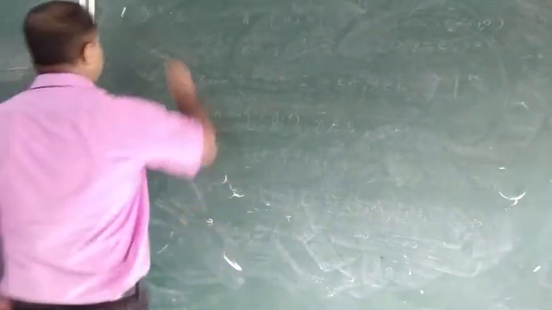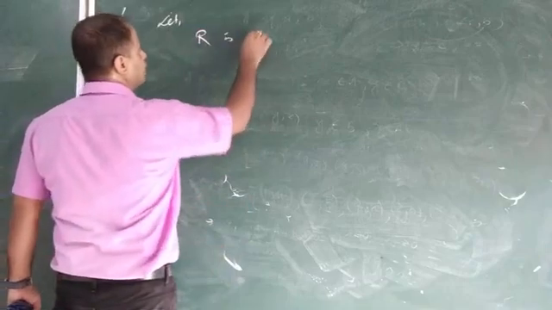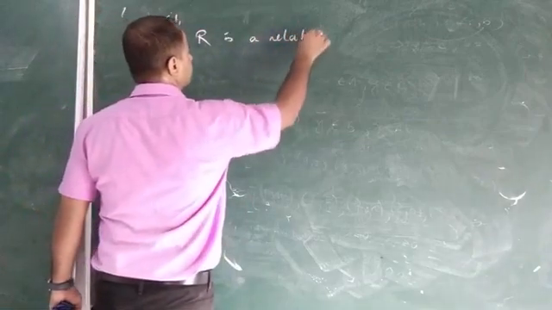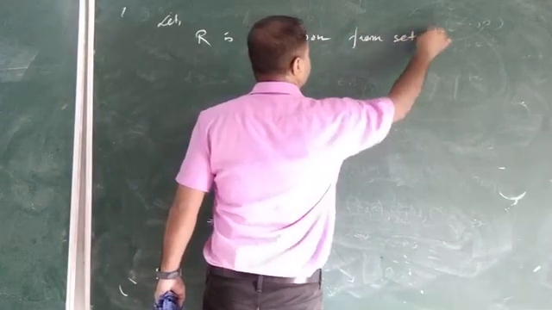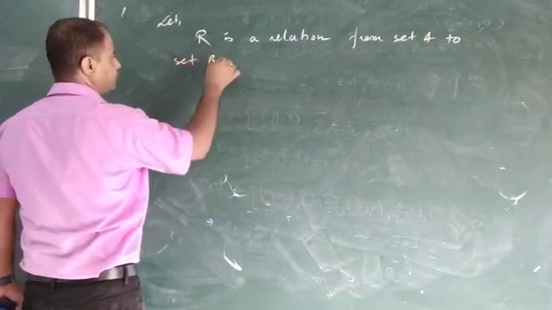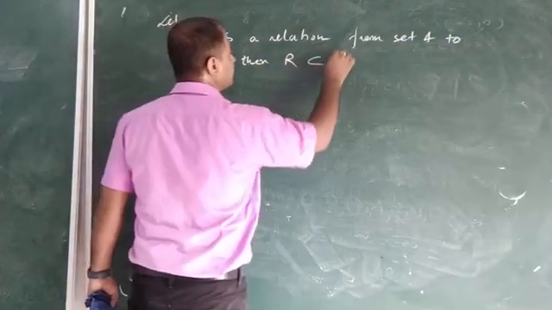Let R be a relation from set A to set B. Then R is a subset of A cross B.